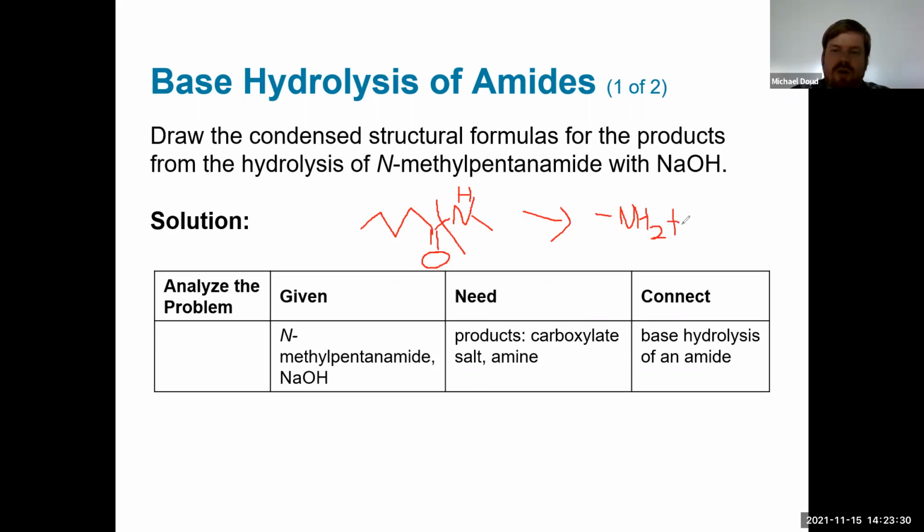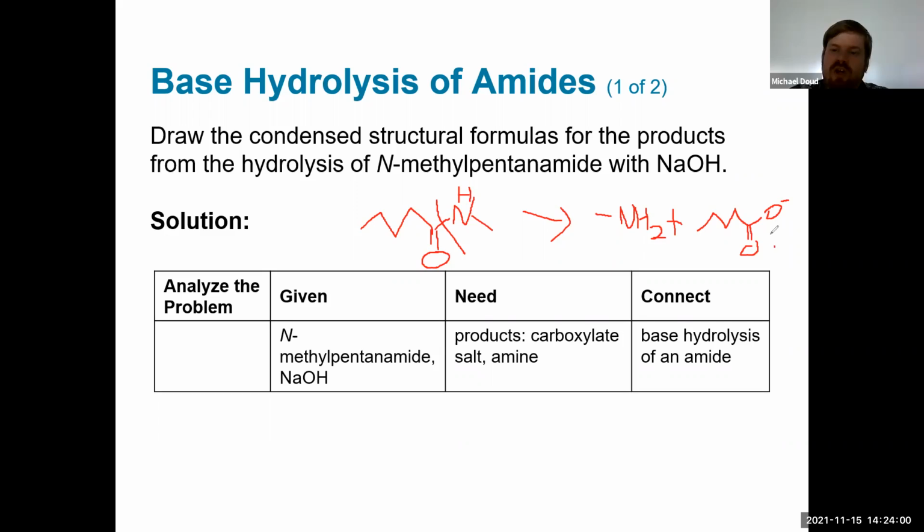Now, the trickier part is what happens to the carboxylic acid. What was the carboxylic acid now is going to form the carboxylate. So we take our pentanoate. We broke that carbon nitrogen bond, and now we formed a new carbon oxygen bond, and this oxygen is negatively charged. In other words, it's already been deprotonated.